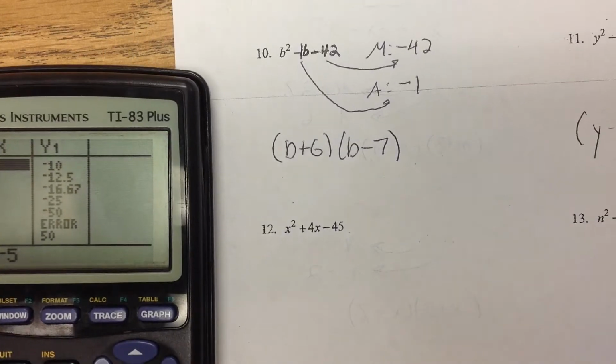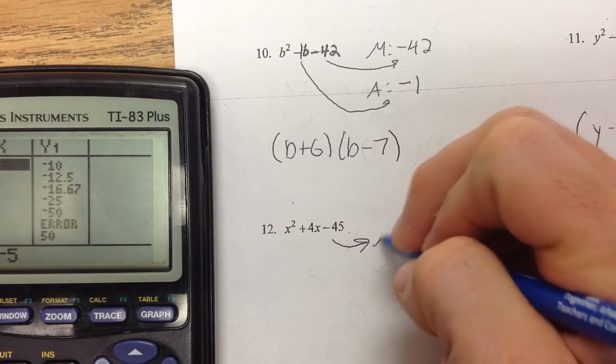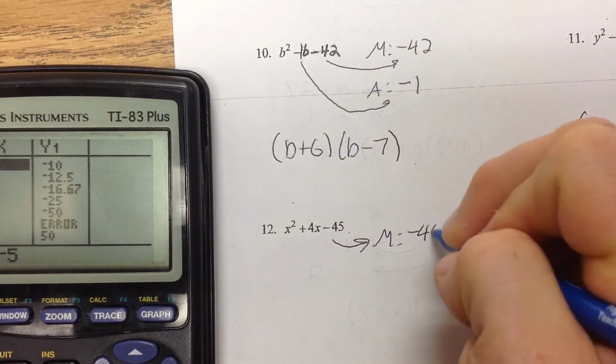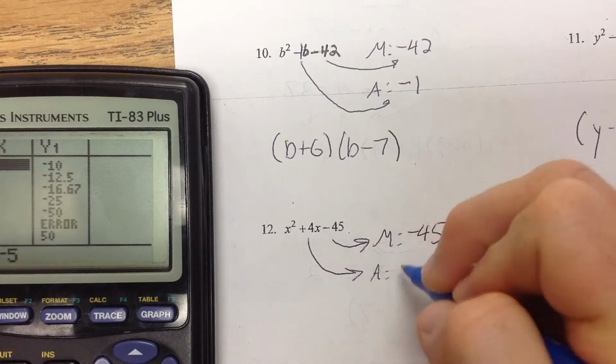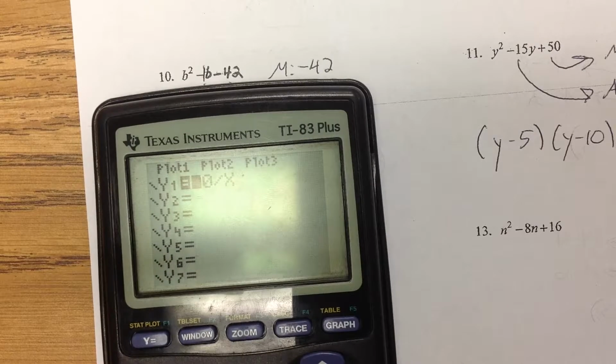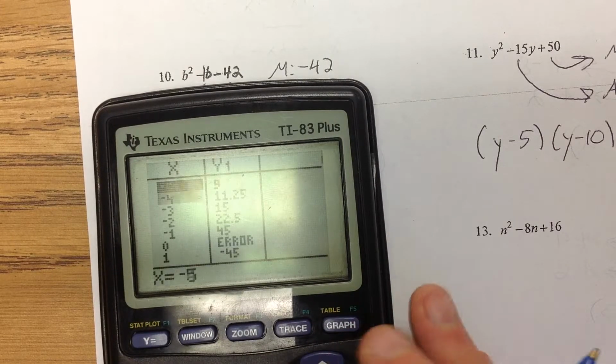All right, last two. Here's one where we are multiplying to negative 45 and adding to a positive 4. So we go to our y equals negative 45 divided by x.